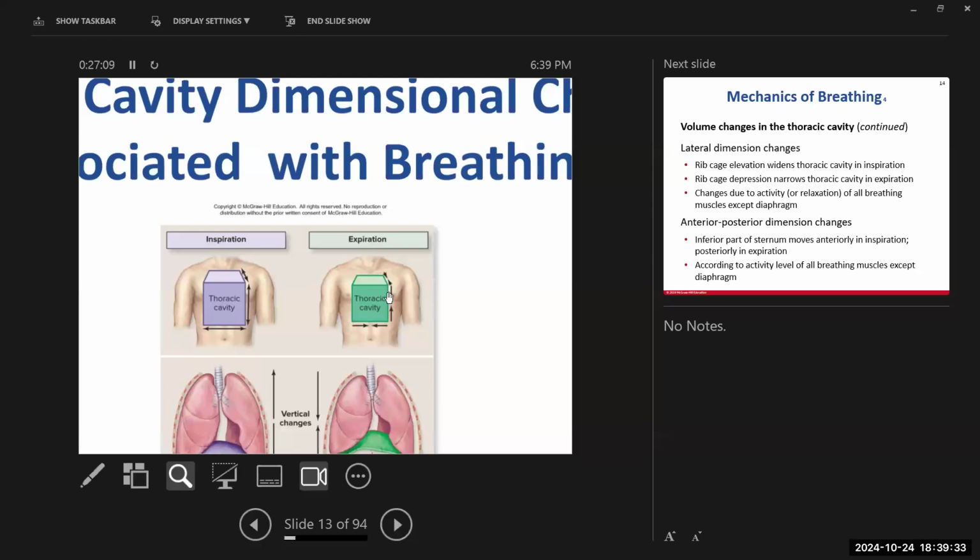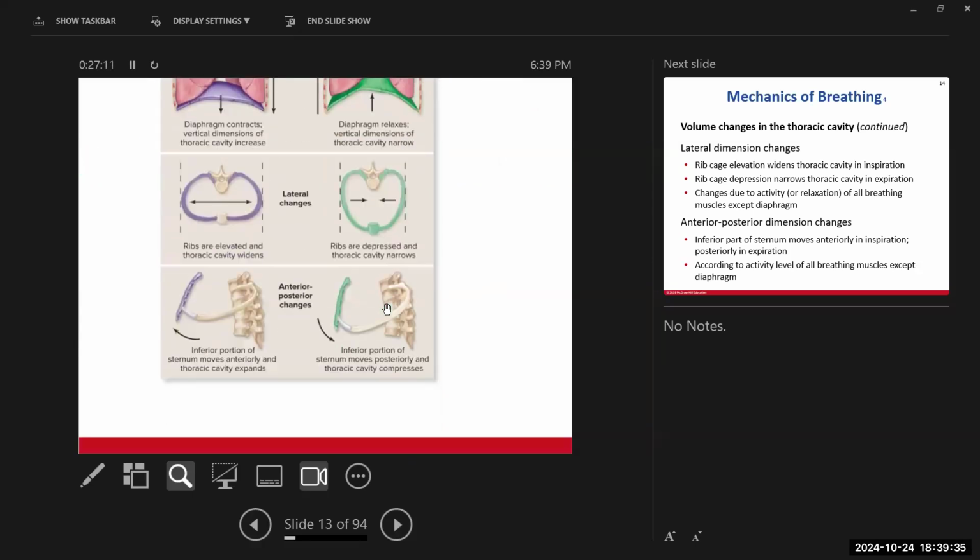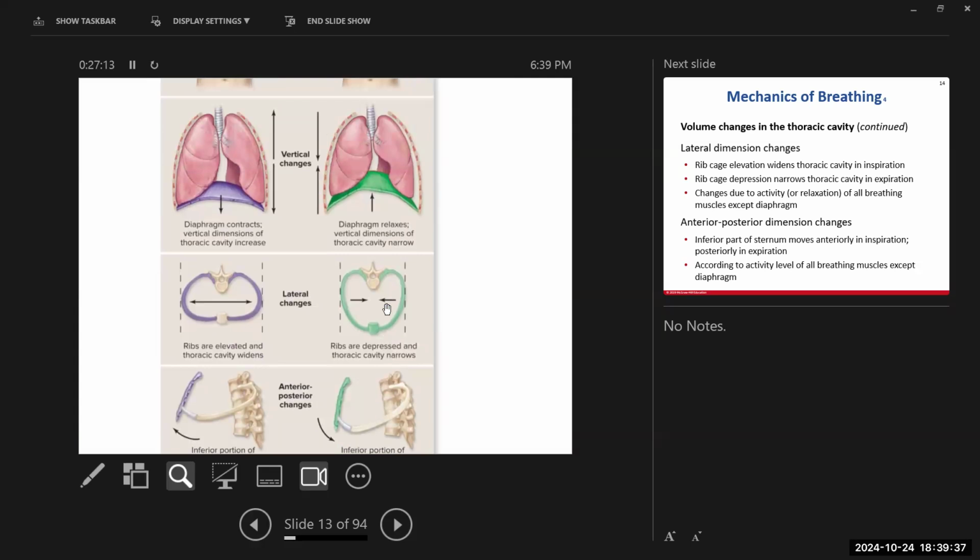Then when you exhale and you relax, what happens to the diaphragm? The diaphragm goes back to its original dome position like that, so this distance here decreases. The external intercostals, when they relax, drop the ribs back down to their original position. So we're no longer as wide from side to side. So that area narrows.